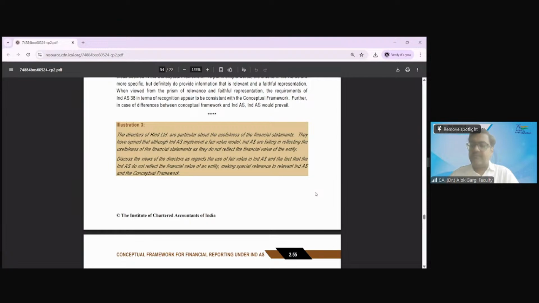Now, what should be the definite period? That definite period should coincide with the useful life of the asset. Yes, sir. Right? The useful life of the asset is 5 years. Right? The definite life of the asset is 5 years. And beyond that, whether the asset will survive or not survive, it depends in future.